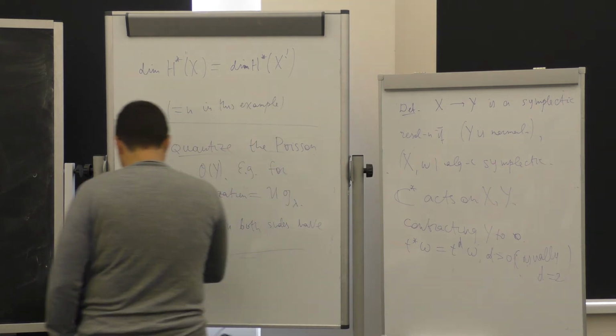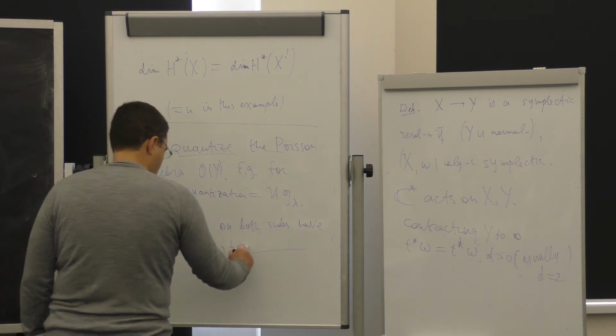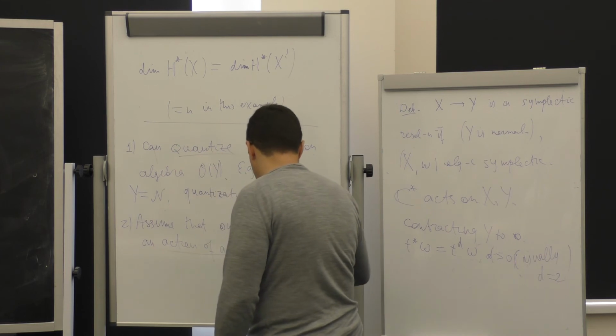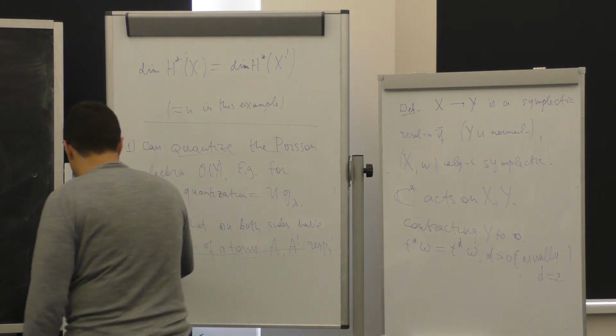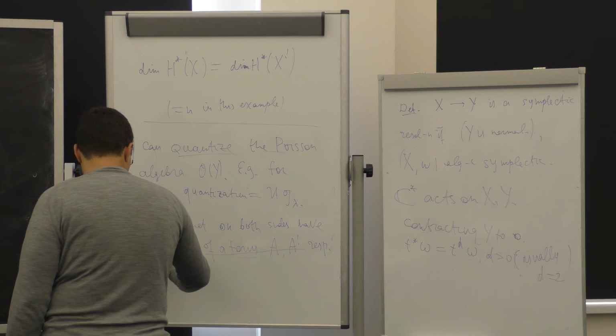Have an action of a torus A and A shriek respectively, so that both actions have finitely many fixed points.